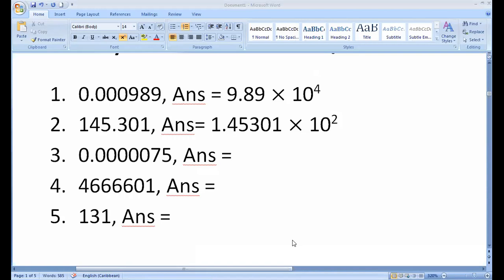Is number 1 correct? I have something different. I was about to ask, why is number 1 a positive 4, not a negative 4? It's going to the left, so I think it should be negative 4. You guys are correct. Oh yes, it's -4.